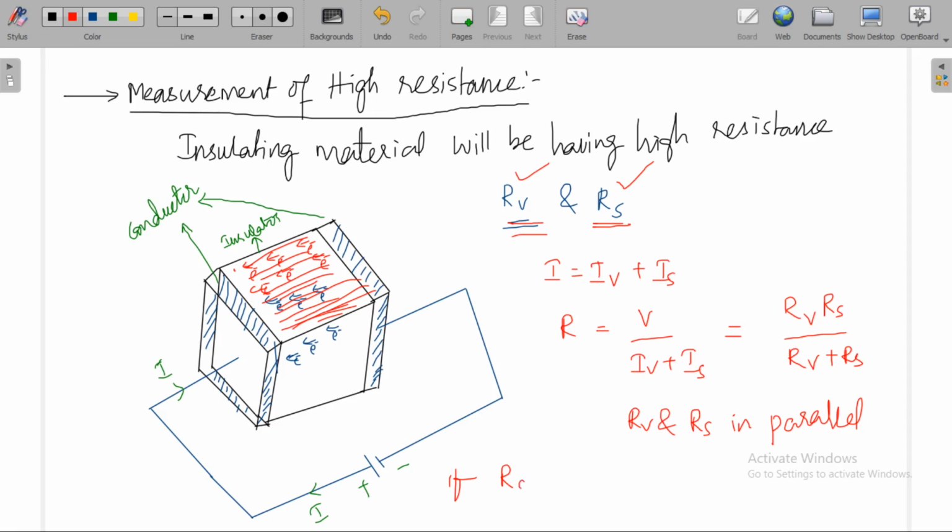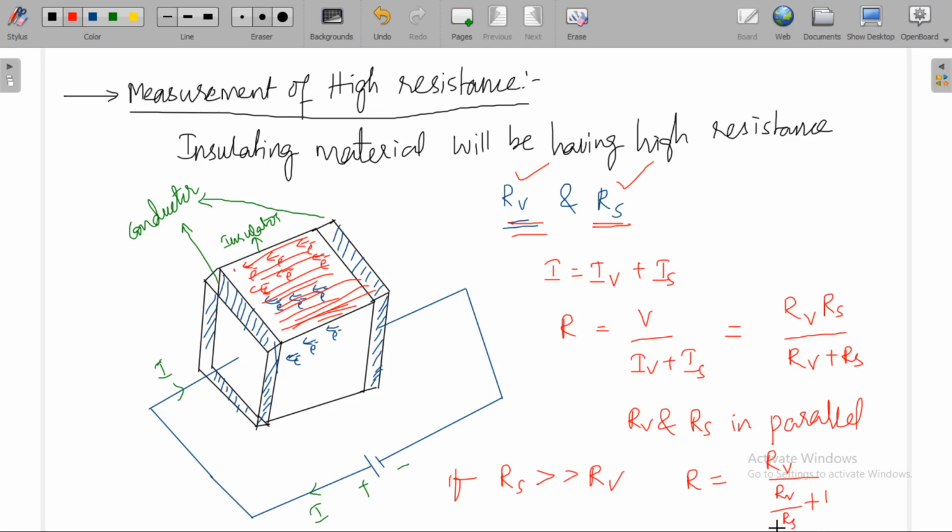If Rs is far greater than Rv, then total R will be Rv by Rs plus 1.